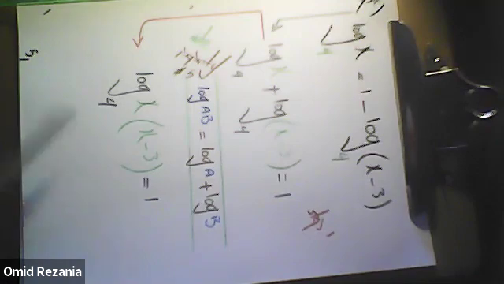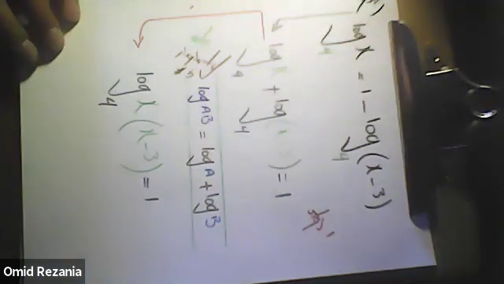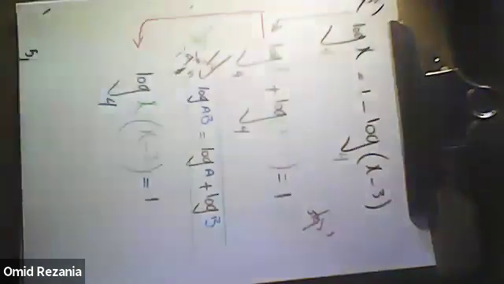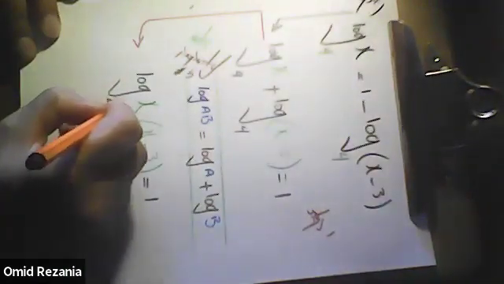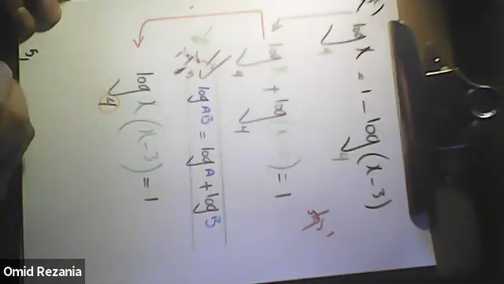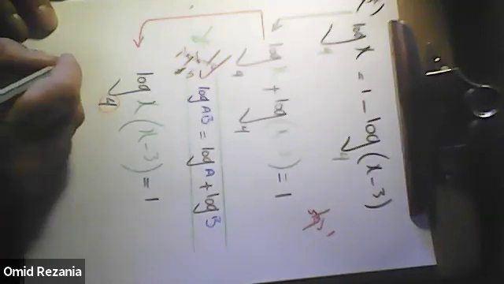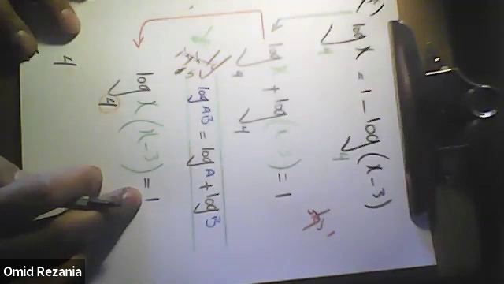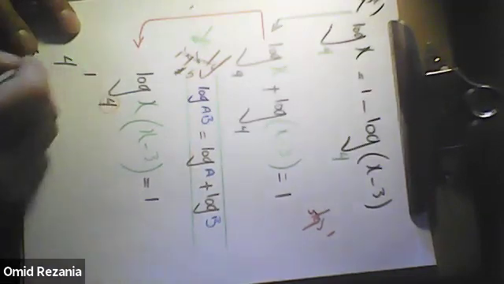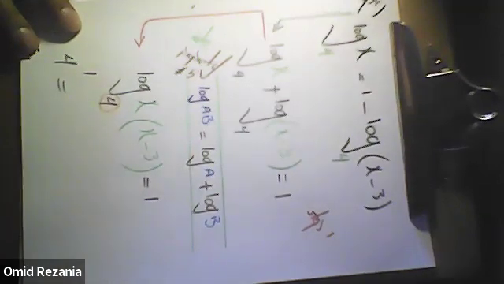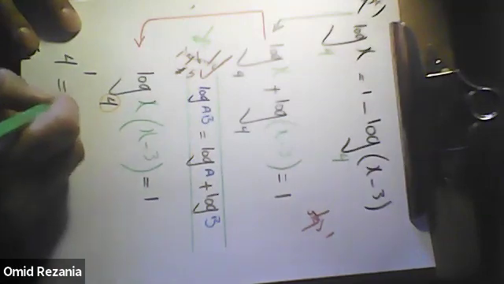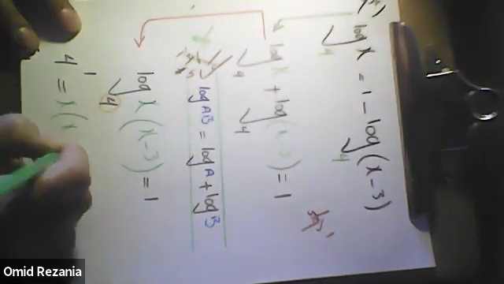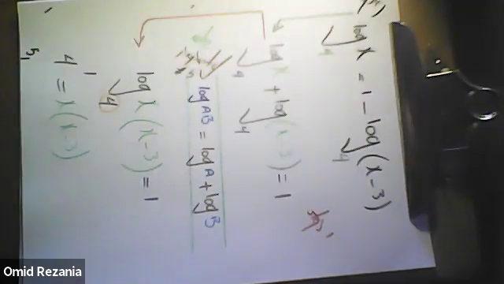If my base is how much? 4. It means I can keep the base 4 where it is, and go to the backseat drive. What is the power? 1 equals what? x times x minus 3, right?